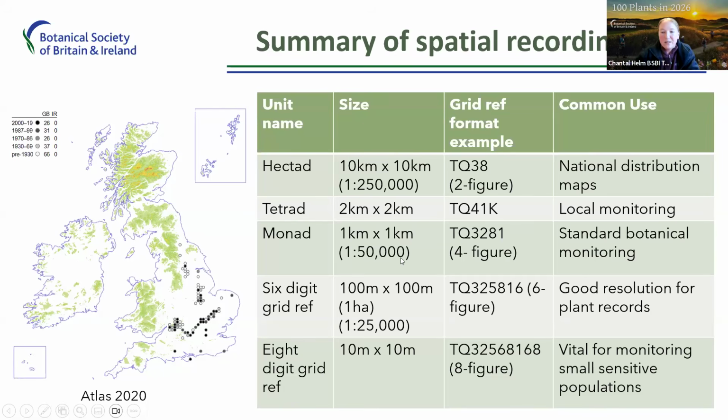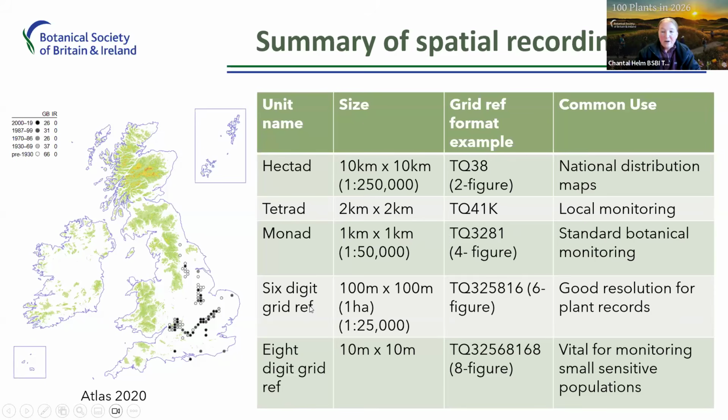And it could be 1 to 50,000 scale. So that's when you're getting into the Landranger maps from the Ordnance Survey, 1 in 50,000. So that means that 2 centimeters on the map would equal 1 kilometer in real life. So that's the scale limit. And a monad is a 4-figure grid reference. So you've got TQ and then 4 digits after that.